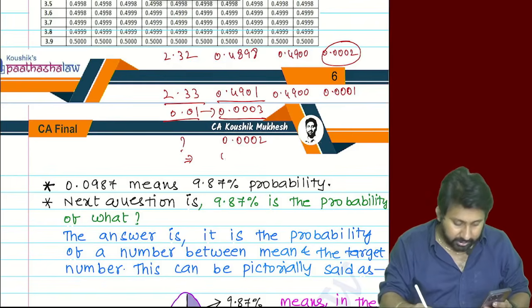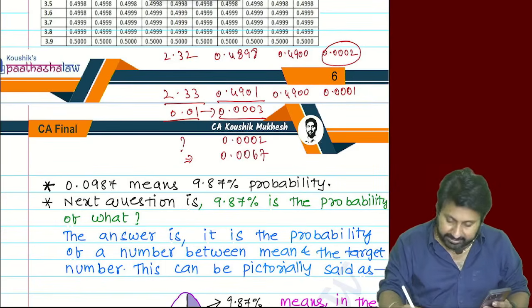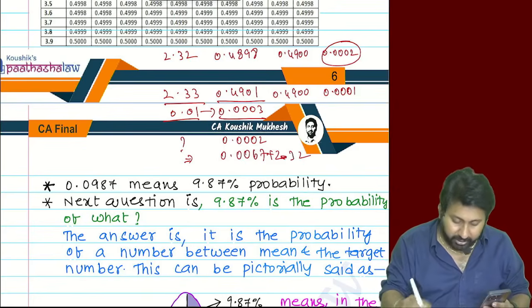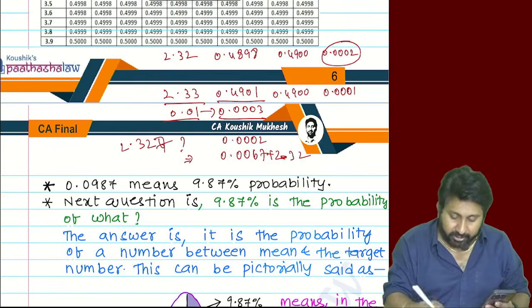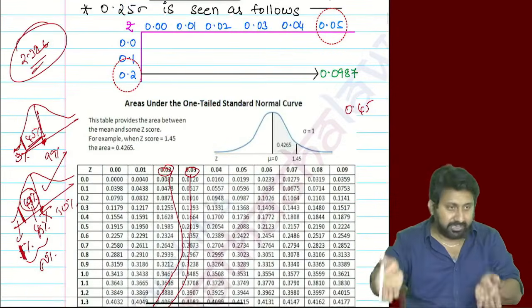How much? 0.0067. This is to be added to 2.32. How much? 2.326 or 2.327. Like that, they got this 2.326.